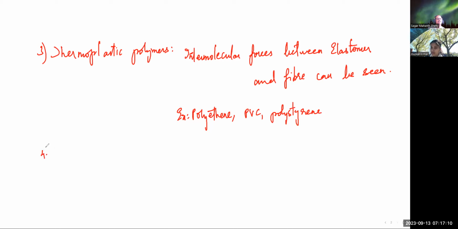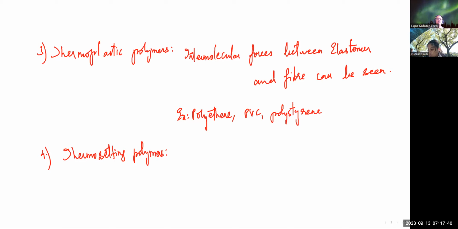So this is the third kind of polymer. The fourth one would be thermosetting polymers. This is exactly opposite to thermoplastic polymers. What exactly happens in thermosetting polymers? Here you can see cross-linked or heavily branched molecules of hydrocarbons.